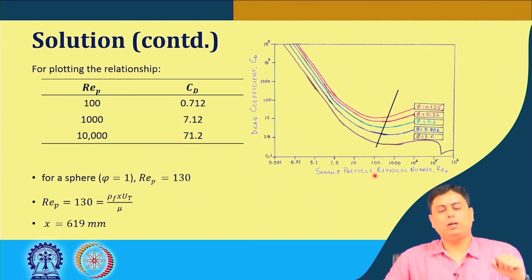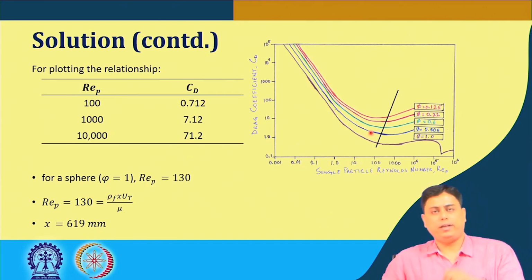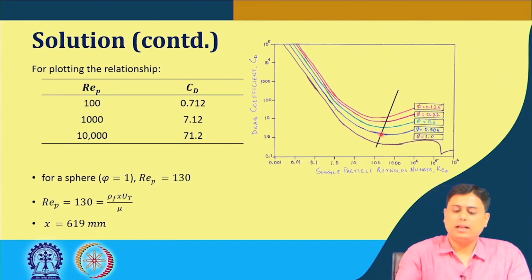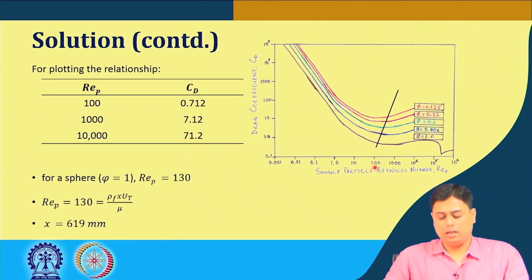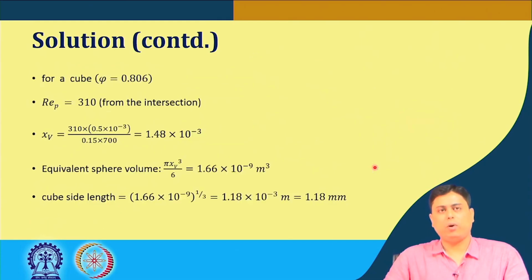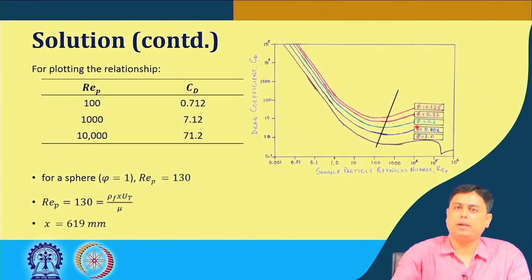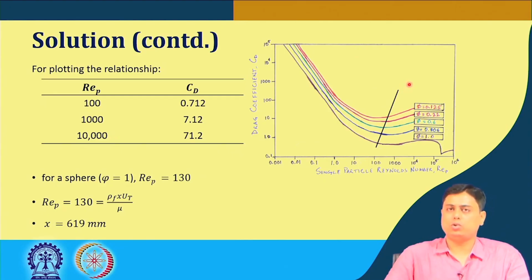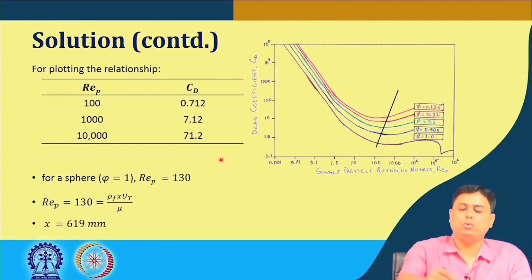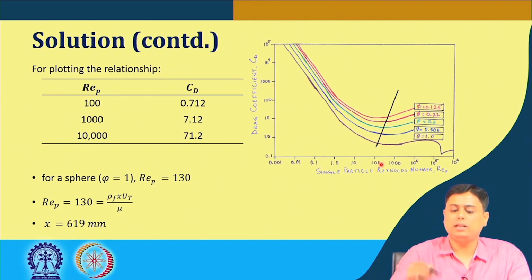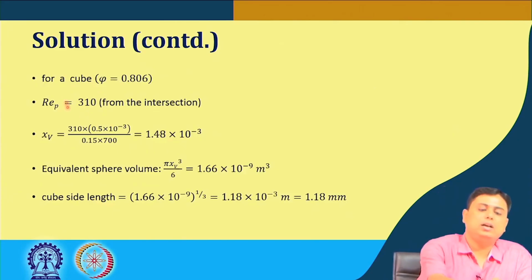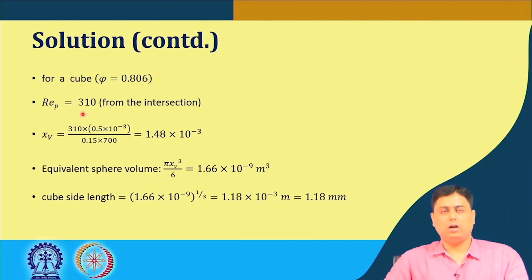For this cube shaped particle, which has a sphericity of 0.806, this line intersects roughly at a point of 310. Again, this is not to scale, it is a schematic that is shown. If we plot it accurately on a log plot, we will see that the intersection is indeed at 310 for a sphericity of 0.806.